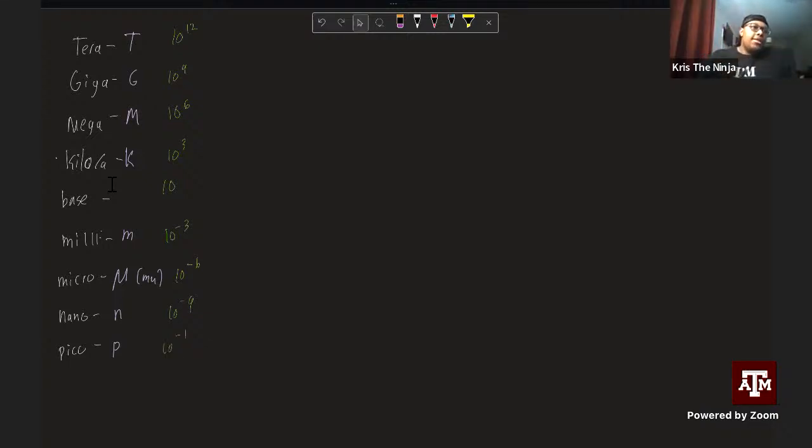Now, I know I'm saying 10 to the all this stuff, but technically in binary it's 2 to a bunch of stuff, but that's not the big concept I'm trying to build up here. The big point here is to pay attention to these numbers.